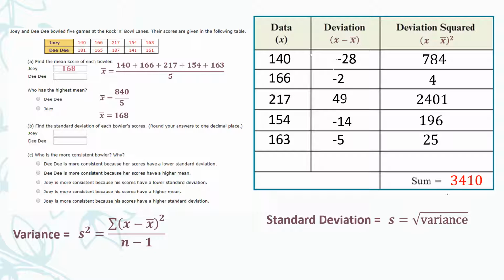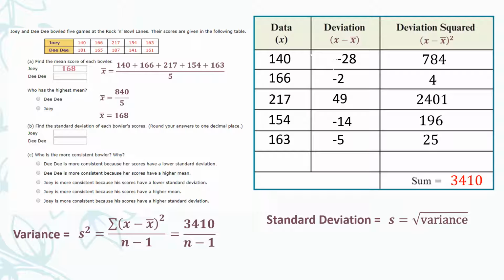Remember, this sum replaces the entire numerator over here. So let's do that next. Go ahead and plug that into your formula: 3410 divided by n minus 1.